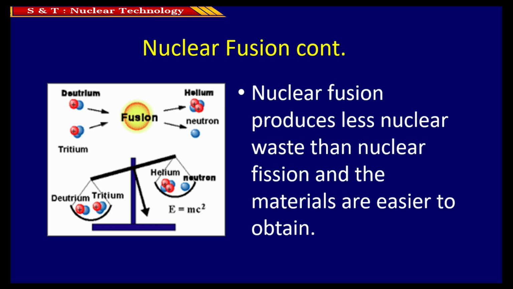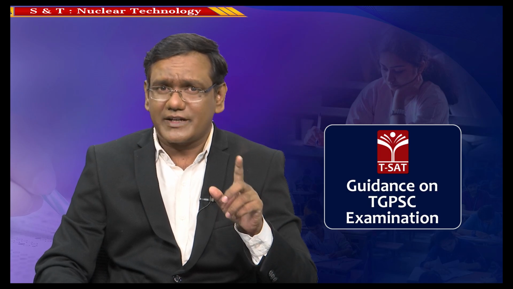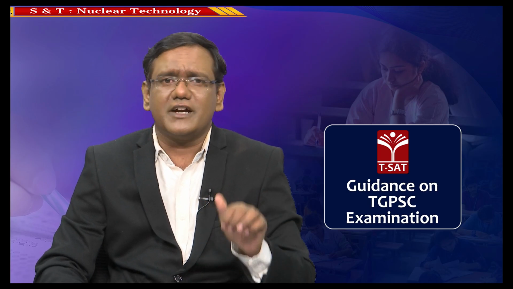When deuterium and tritium combine together, it gives helium and a neutron. We all know that helium is not harmful at all. In the fission reaction the products are radioactive in nature, but here it is not so.